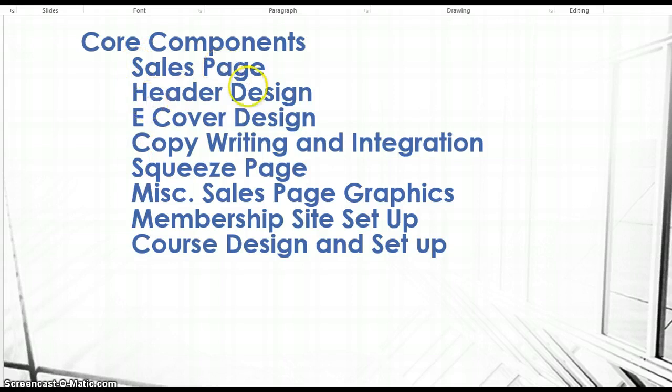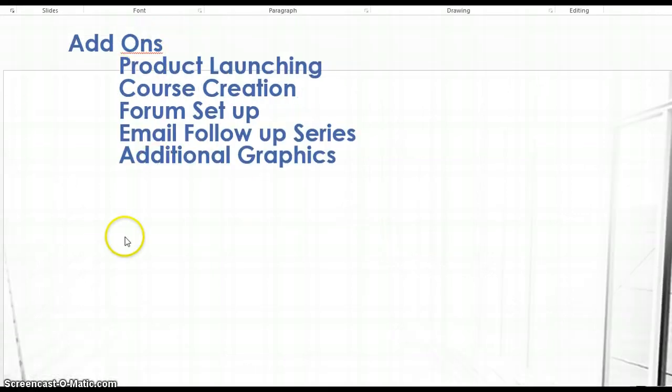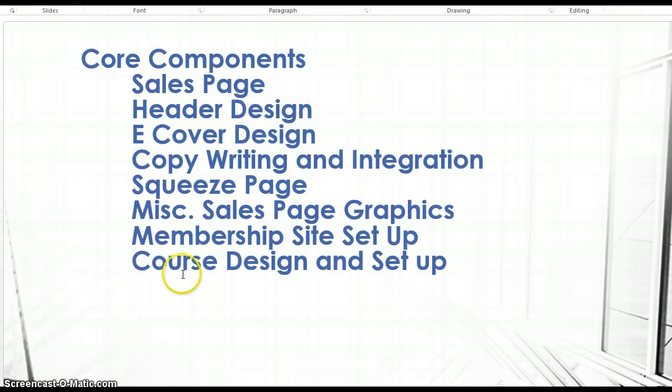We have sales page, header design, e-cover, copywriting and integration, squeeze page, some graphics, miscellaneous graphics, membership site setup, course design, and some add-ons that you could have, which are product launching, course creation, forum setup, email follow-up series, and additional graphics. Now, what I want to do is take you through these and briefly explain what they are so that you have a better understanding of what's involved.